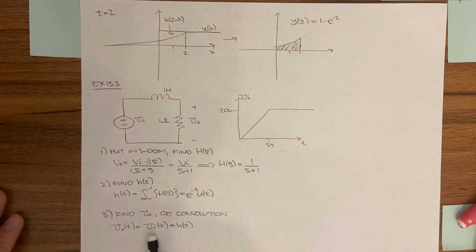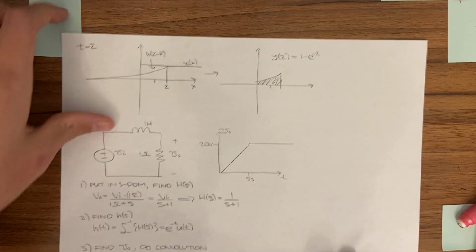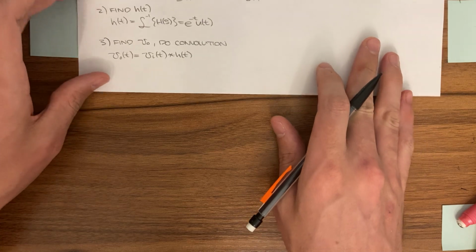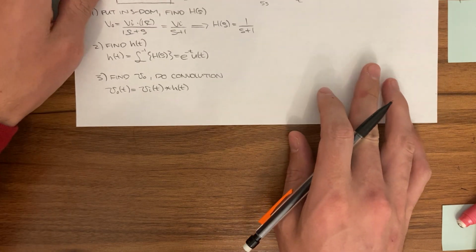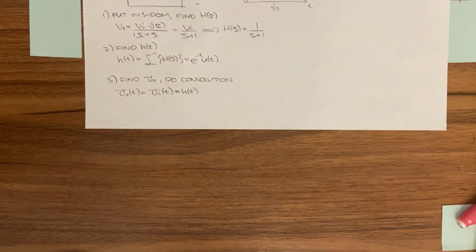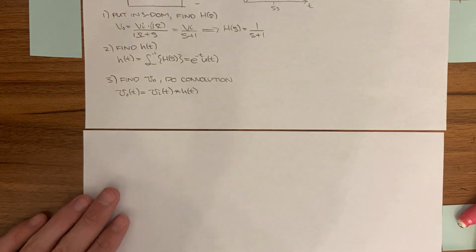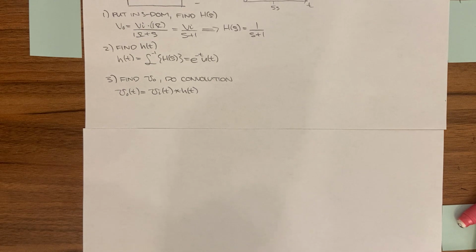We know v_in(t), we know h(t), so we can do the convolution integral. Now this convolution is non-trivial. It's kind of tricky, but that's fine. The way I'm going to set this up, similar to the way the book would do it, is piecewise. I'm going to do it as almost a hybrid of the graphical and the analytical integral approach. Okay?